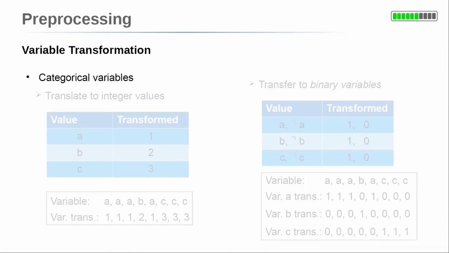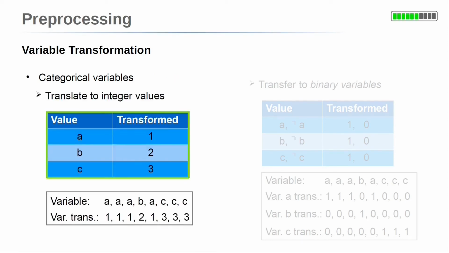Categorical variables need to be transferred to numeric values to be processed by a machine learning algorithm. Such a categorical variable can have values such as yes and no. We could simply transfer each category to a numeric value. For instance, a yes can be a 1 and a no can be a 0.